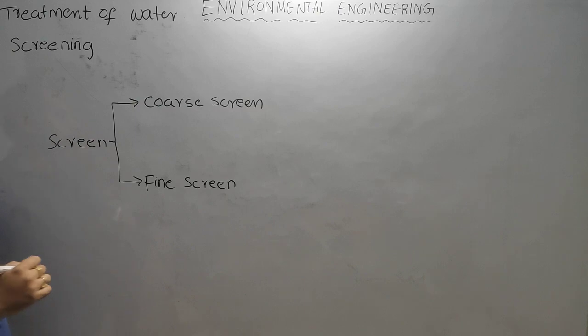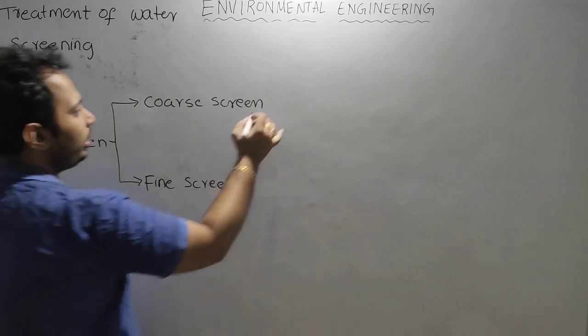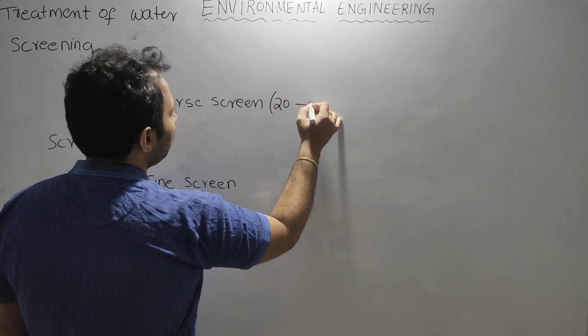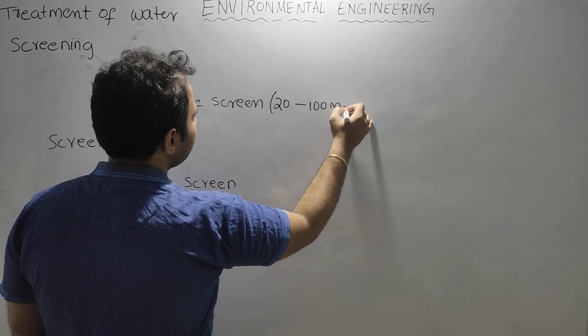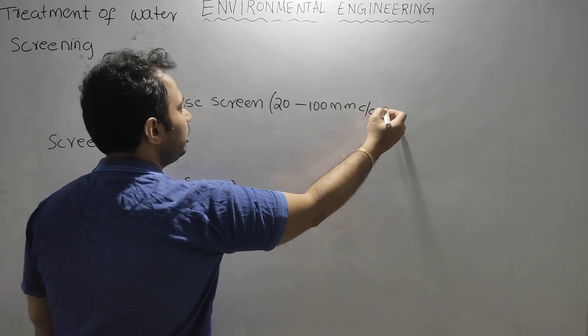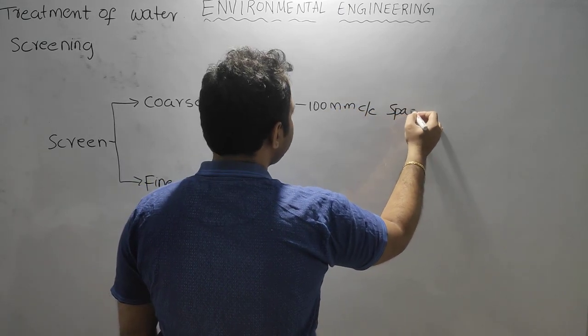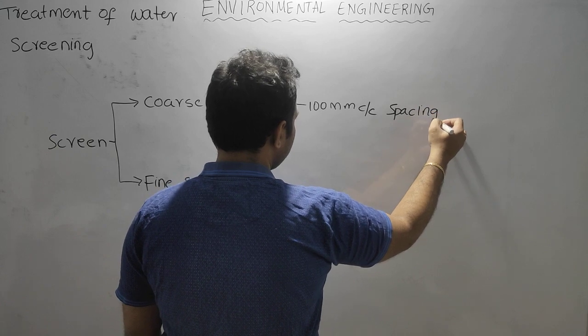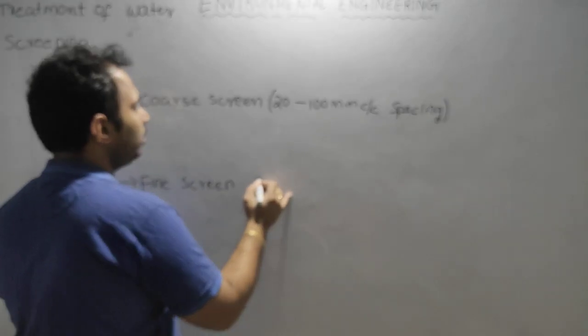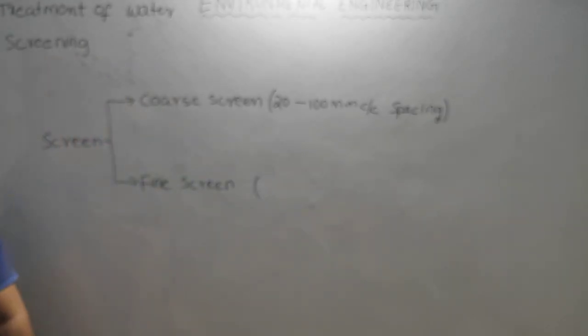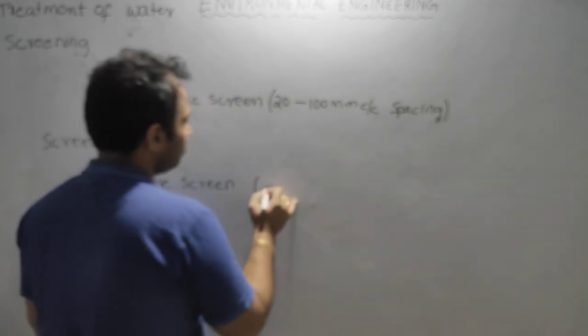The coarse screen will have an aperture dimension of 20 to 100 mm center to center spacing, and the fine screen will have a spacing of less than 10 mm.